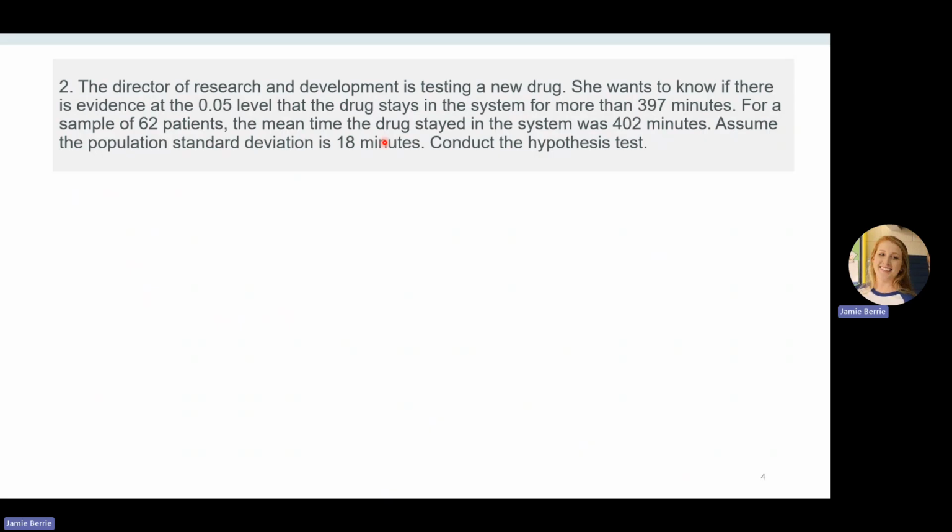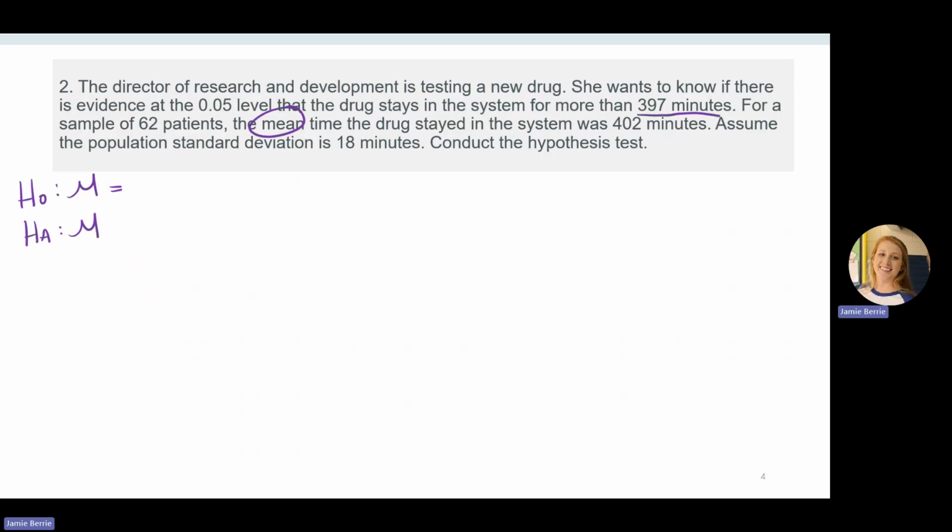Conduct the hypothesis test. All right, so let's go through our 4 steps. We start with writing down H0 and HA, null hypothesis and alternative hypothesis. Again, we're seeing the word mean, so we'll go ahead and put mu in there. Null hypothesis always gets the equal to. So what's the value that's currently believed to be true? How long do we think the drug stays in the patient's system?